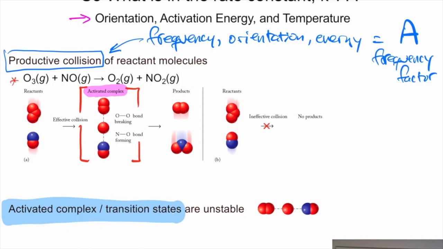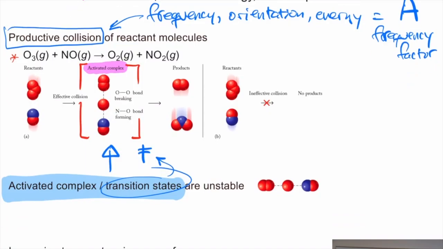Okay? Sometimes we use a double dagger to represent the activated complex or the transition state. That's the symbol that we typically use. Right? These are very, very unstable. So that means it requires a larger energy to stabilize it.